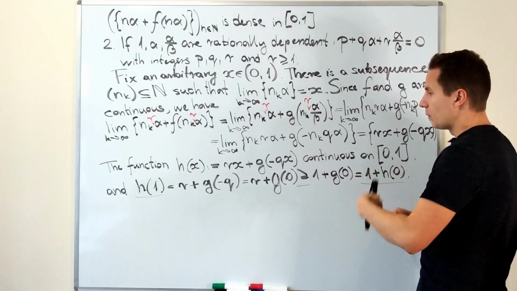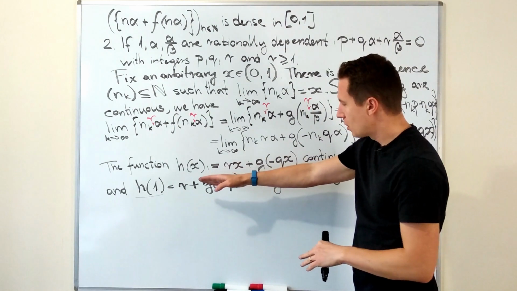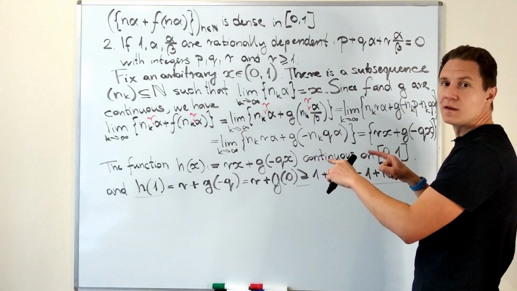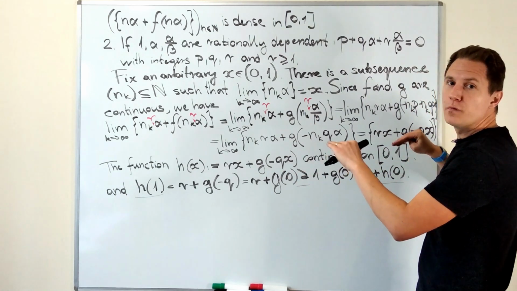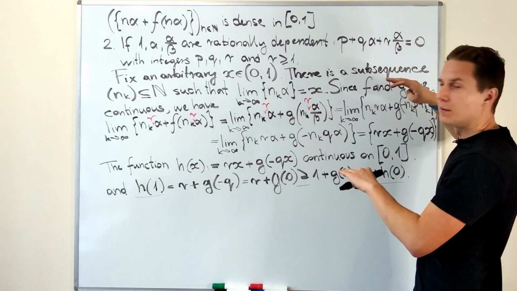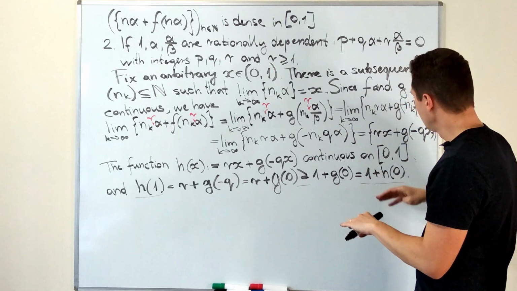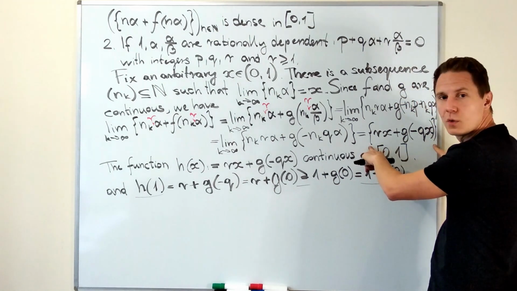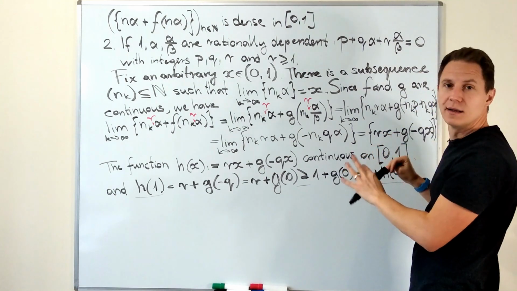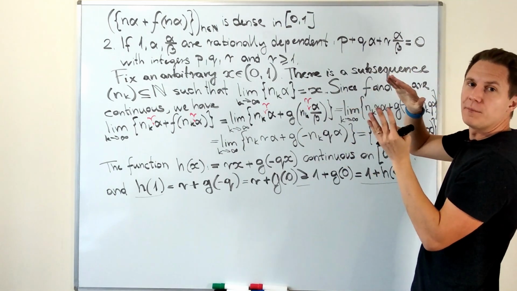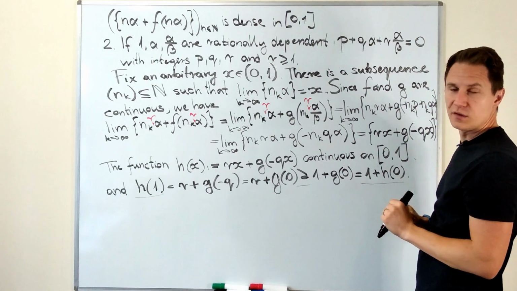So we have a continuous function h on the closed unit interval whose values at the endpoints differ by more than 1. This means that if I take the fractional part of h of x, I will cover the unit interval 0 to 1.